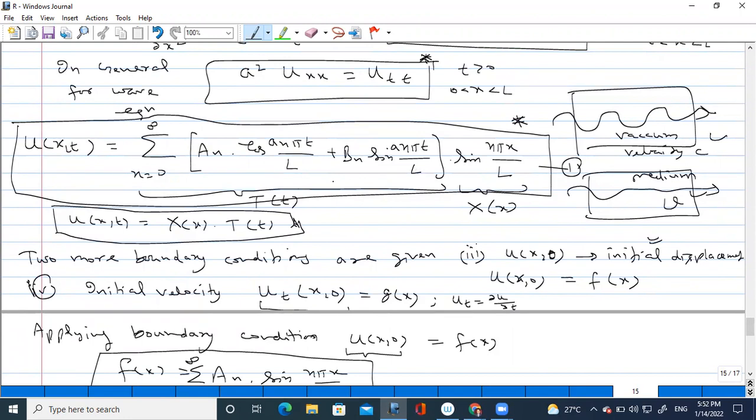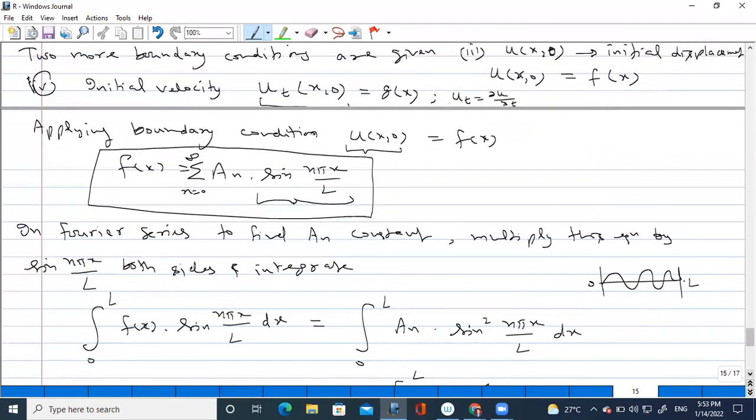So from that, if ut(x,0) is given, that is a g(x) function. So for that, I can find out the Bn value. So remember, to find out Bn, we must have the g(x) condition. To find out An, we must have the f(x) condition. f(x) means the u(x,0) condition.